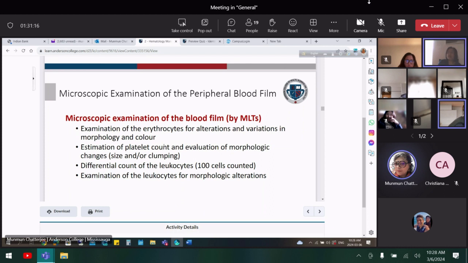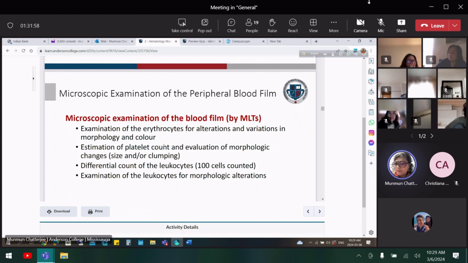Malaria parasites, you can see the difference in the morphology inside the RBC. Size is also morphology, for example RBCs that are microcytic. Sickle cell anemia: the sickle cell has a totally crescent shape, whereas the normal one is biconcave. You can see the structure.